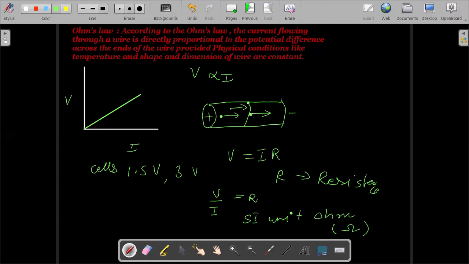Sudhanshu, can you try to define when we can say that the resistance is 1 ohm? Aryan, yes sir. When can we say that the resistance is 1 ohm?